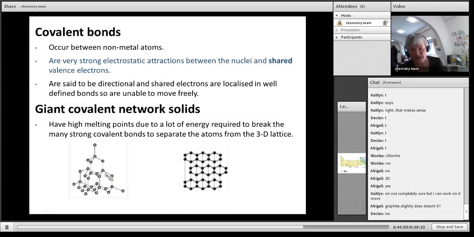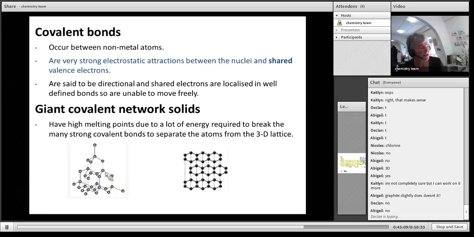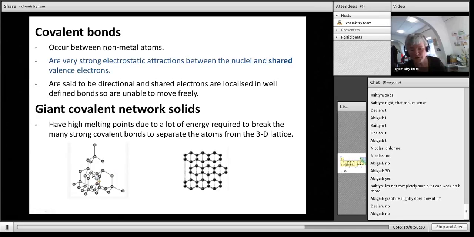What about diamond? Does it conduct electricity? No. And the reason being is that all the electrons are being shared in these covalent bonds. They cannot move from one end to the other because they localize between the two atoms that are sharing those electrons. Graphite, on the other hand, is done in layers.